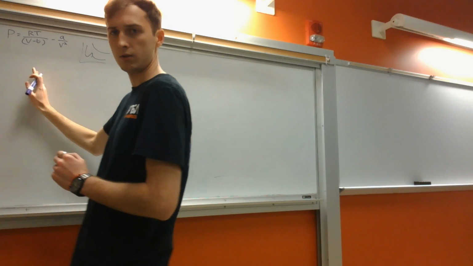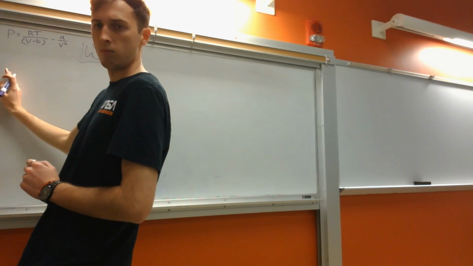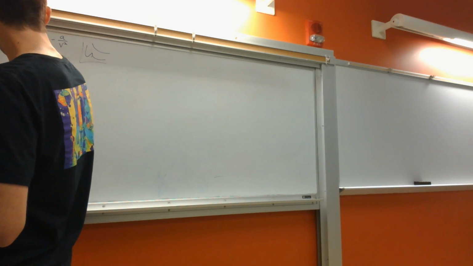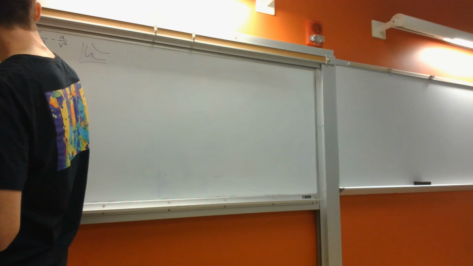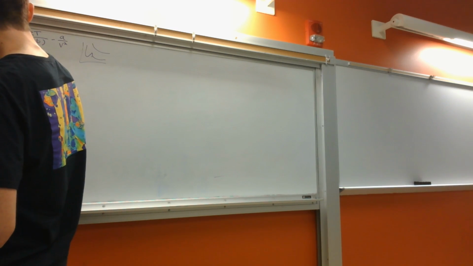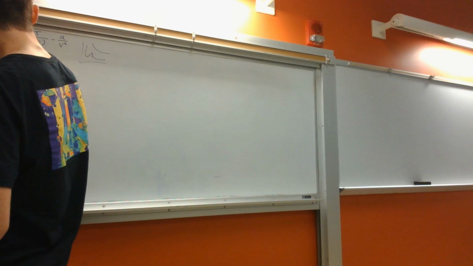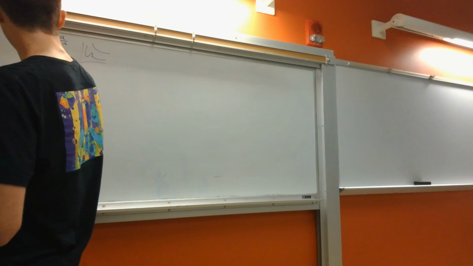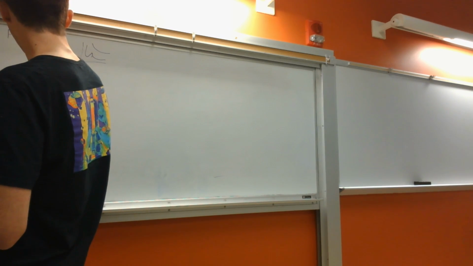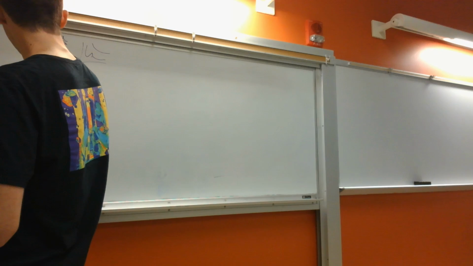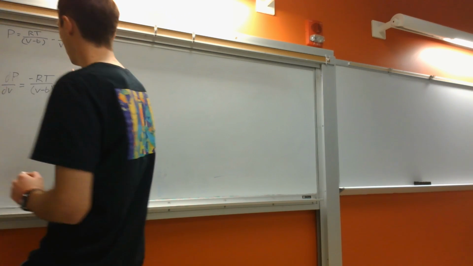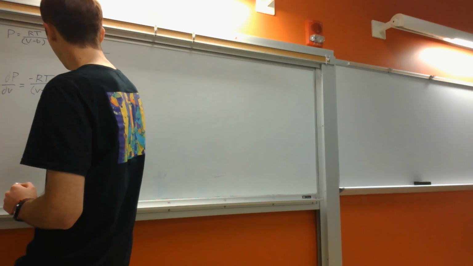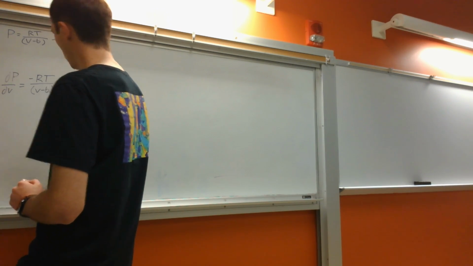So you see this right here? The first derivative, dP over dV, is set equal to negative RT over V minus B squared, plus, not minus, 2A over V cubed.